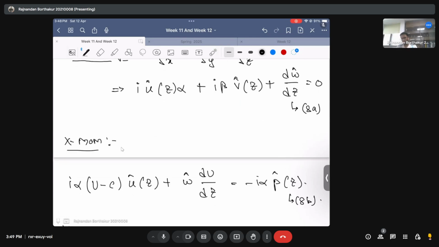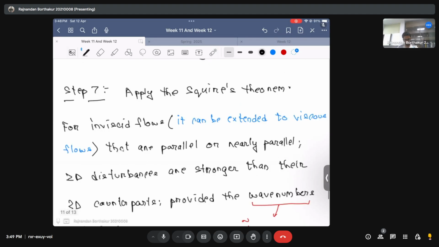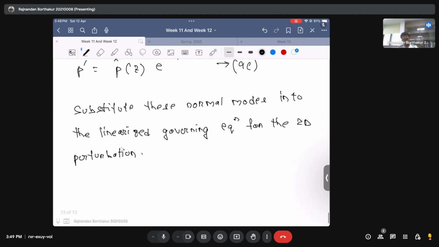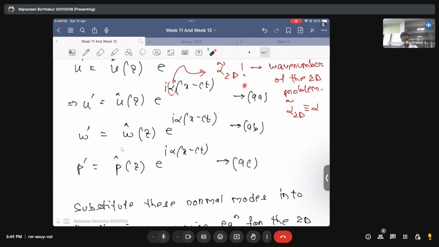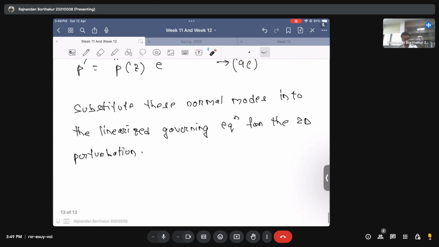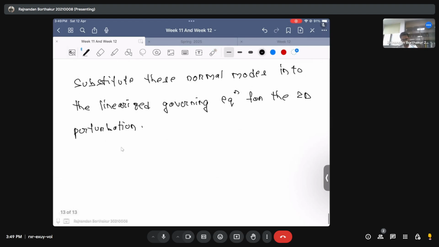So if you substitute this form of the normal modes into the linearized governing equations for the 2D perturbations, as I said, what you will get are the linearized ODEs for the 2D problem.